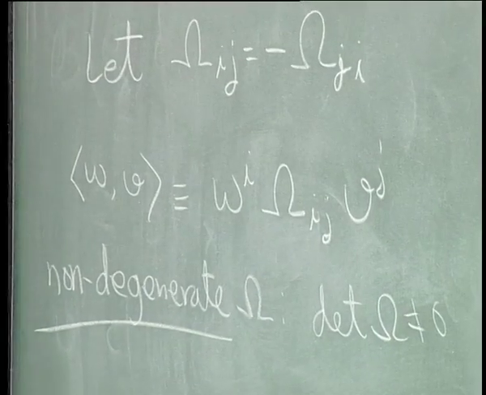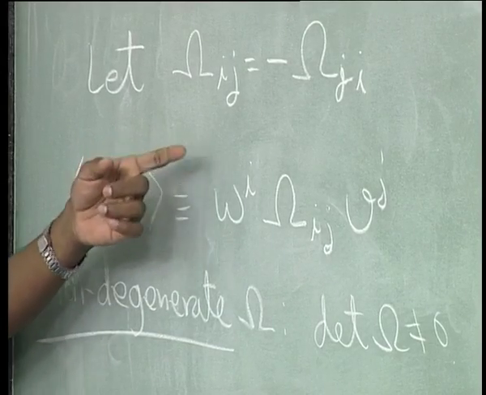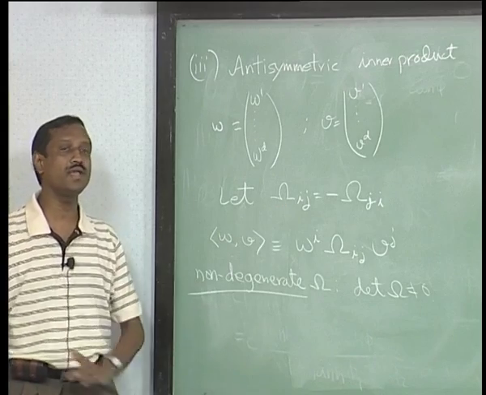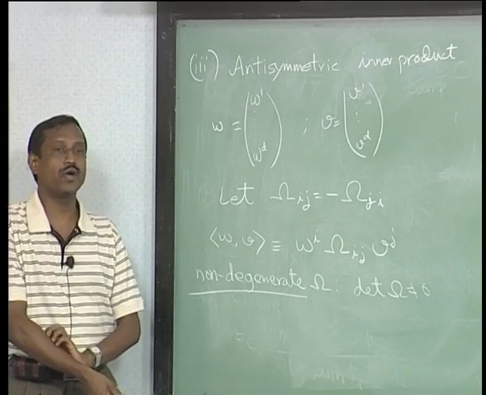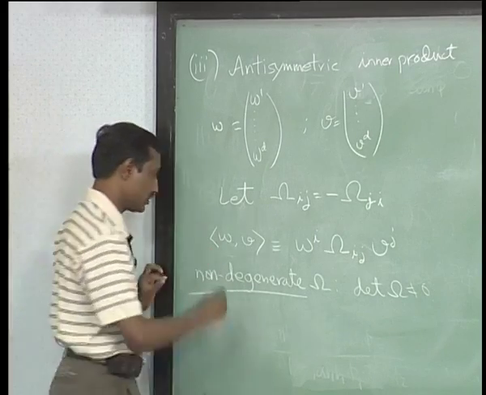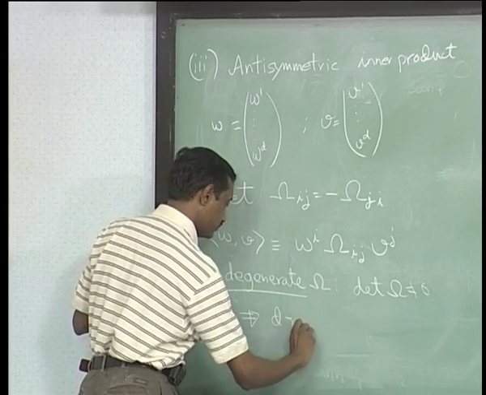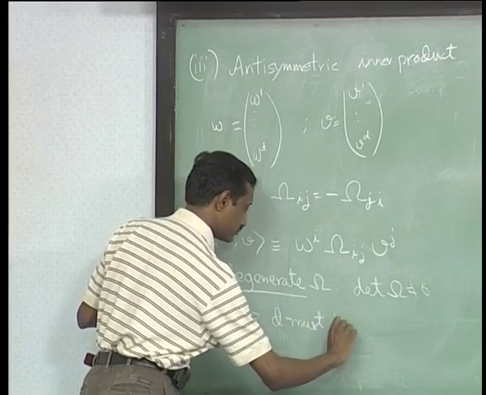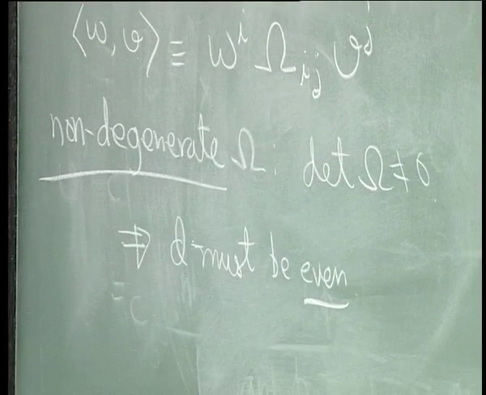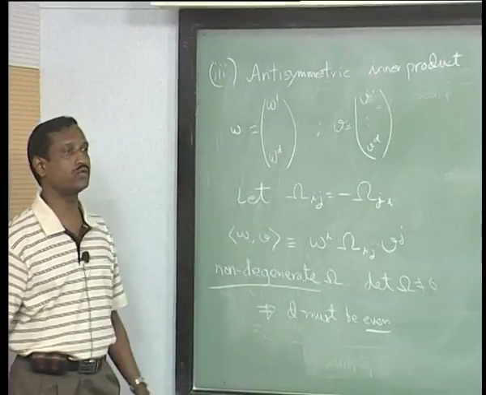For antisymmetric matrices one can prove that if you have an odd dimensional matrix it necessarily has one 0 eigenvalue. So, this implies that D must be even. What I started out with looked like D could be odd.